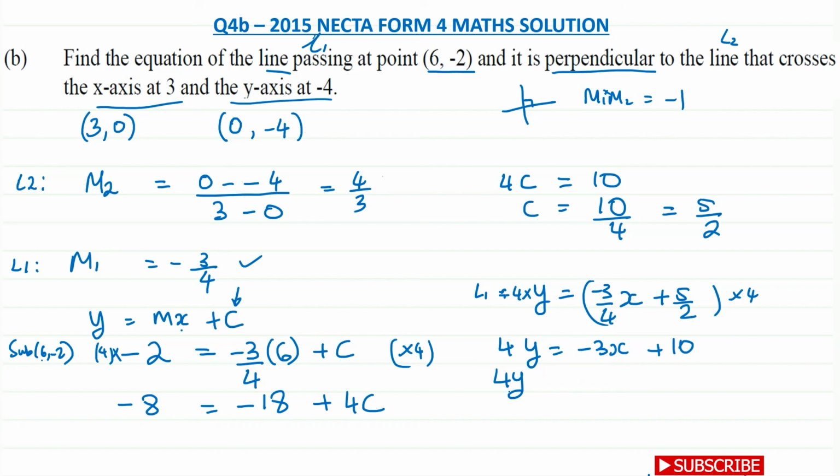Sometimes you do get asked to write it in a specific format, so you can put everything on one side. This will become 3x plus 4y minus 10 equals 0. But if you are not asked to write in any specific format, you can just stop at that point there.